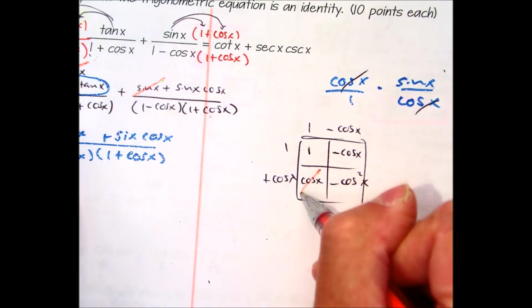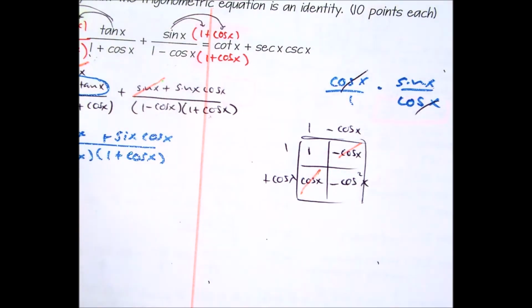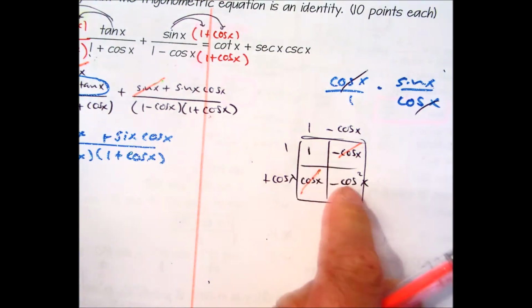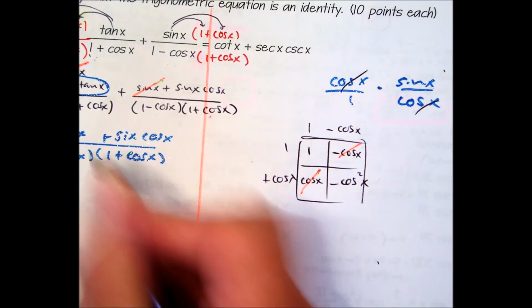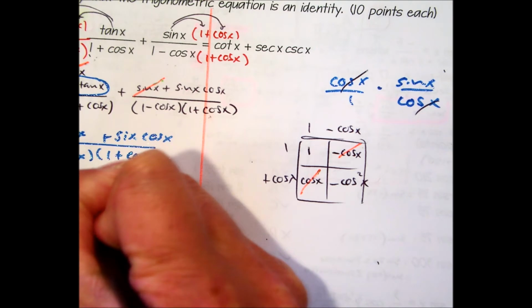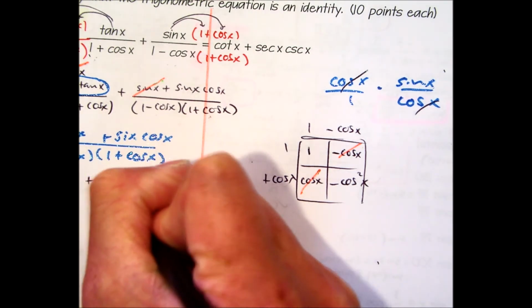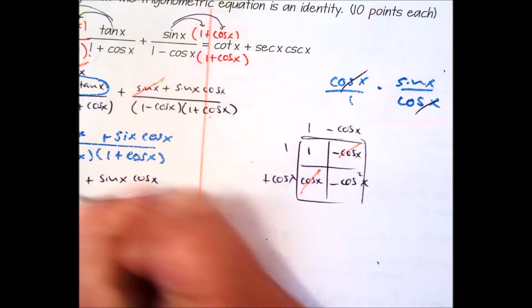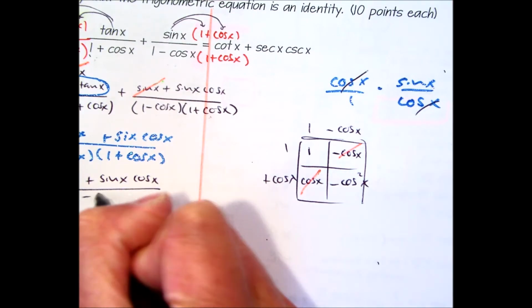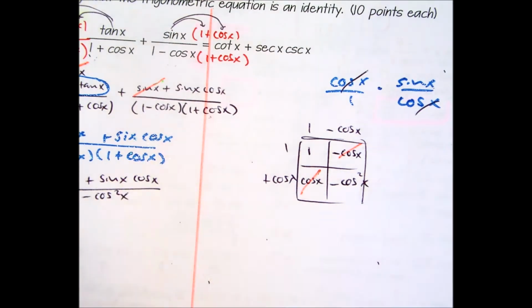And then here my positive cosine and my negative cosine would cancel, and you're just left with 1 minus cosine squared x. So I have tangent of x plus sine x cosine x all over 1 minus cosine squared x.